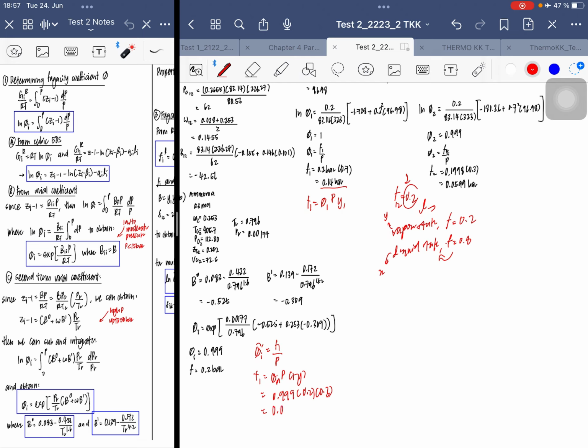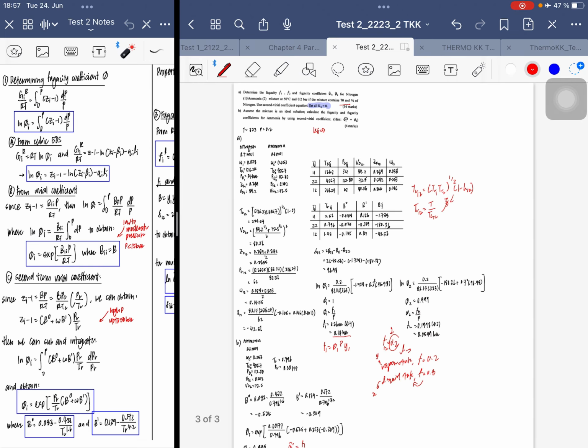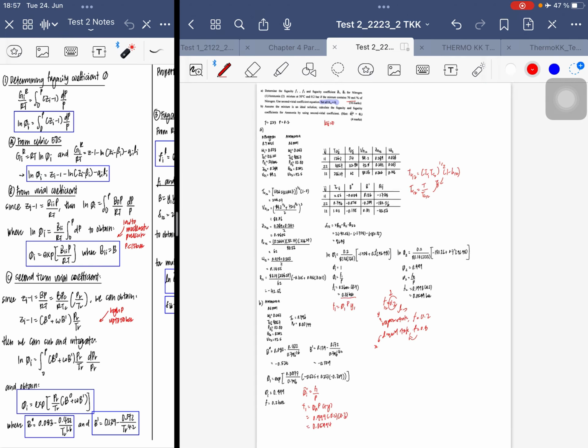I'll get 0.05994. Yeah, it should be correct.